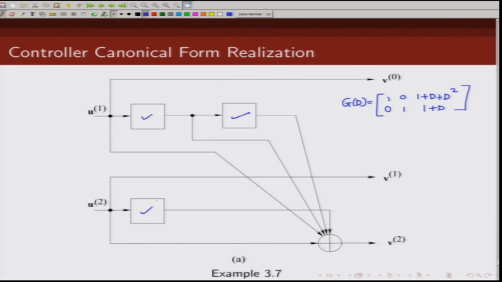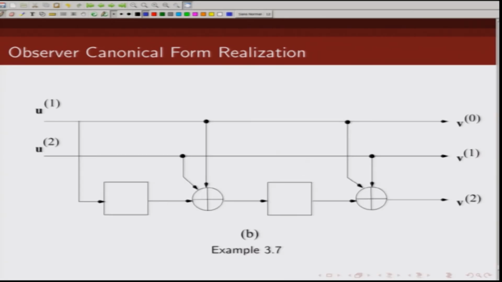Now, let us see the observer canonical form realization. Again, let me write down my generator matrix. This is 1 0 0 1, 1 plus D square, 1 plus D. So, we said one set of shift register for each of the coded bits.